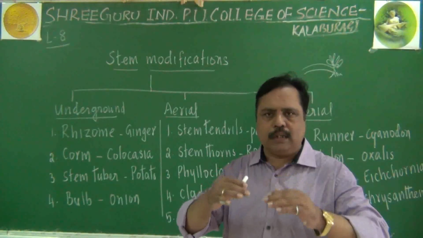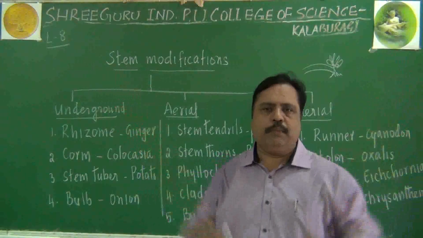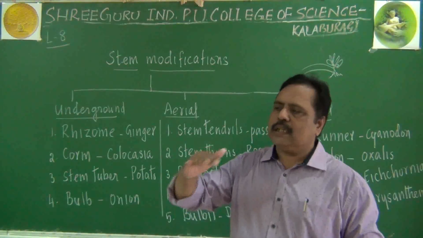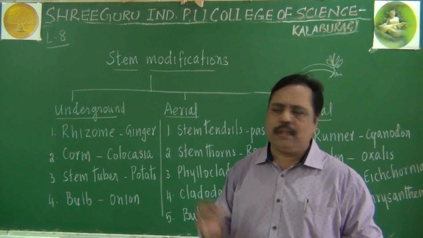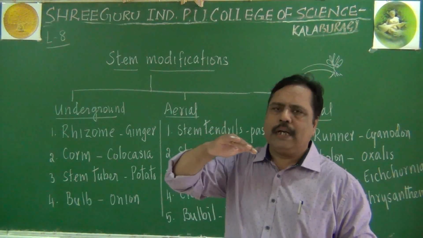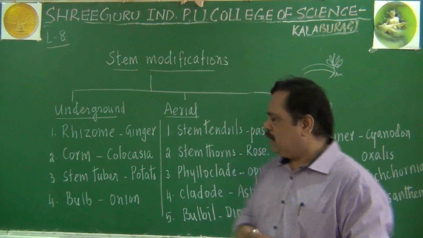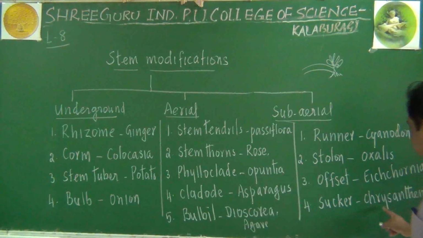The underground stem will produce an oblique branch. Oblique means sudden growing above. That is called oblique, a kind of angular growth. That is the oblique condition. Suckers, example, chrysanthemum. Even the banana plant exhibits this one. Pineapple also exhibits this type of sucker.